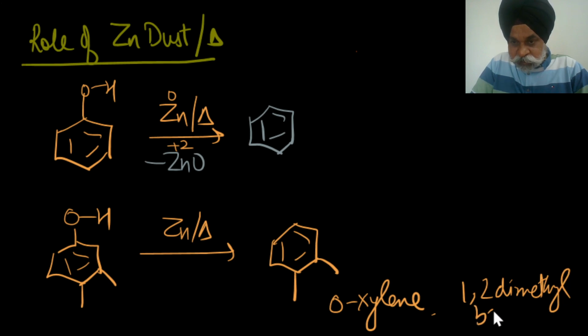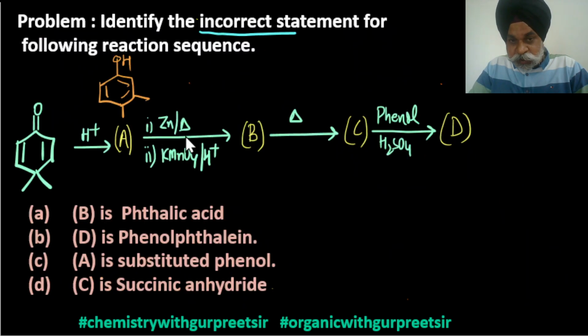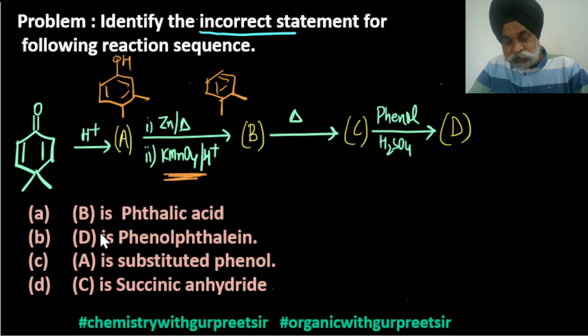So here we have to see it once again, where we reached. So this is what we reached. On treatment with zinc, OH went out and we got a xylene. This xylene is to be treated with KMnO4, which is a strong oxidizing agent.